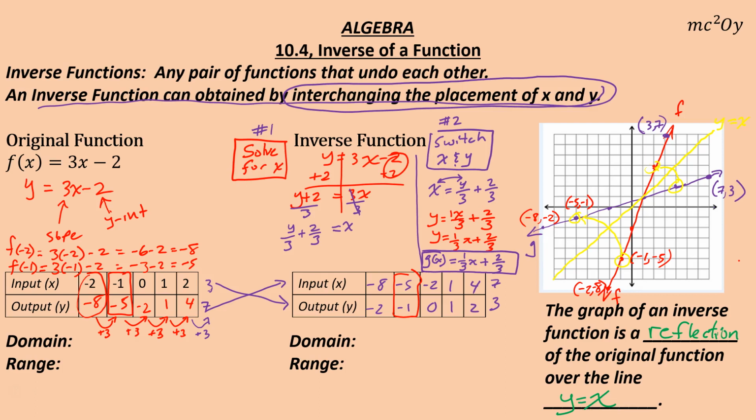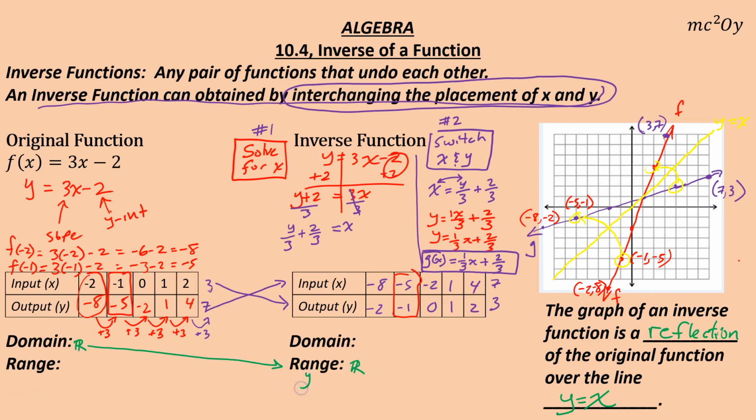Okay? And one other piece, what's the domain of my function here in red? Well, the domain means where does it exist on the x-axis? Well, every input for x could potentially have an output, so it's all real numbers. Well, the domain of your original function actually becomes the range of your inverse. How come that is?